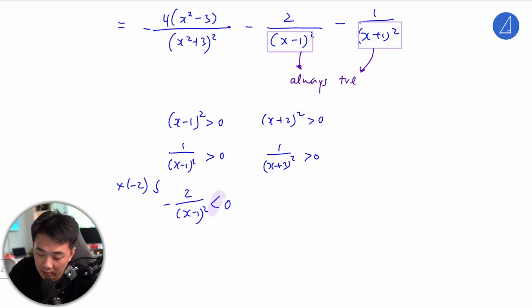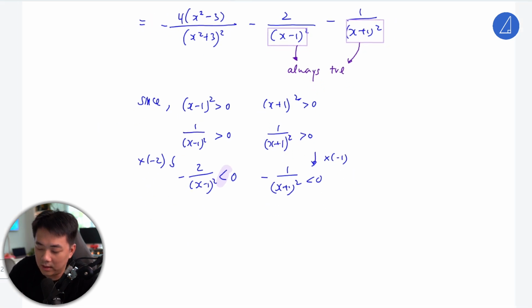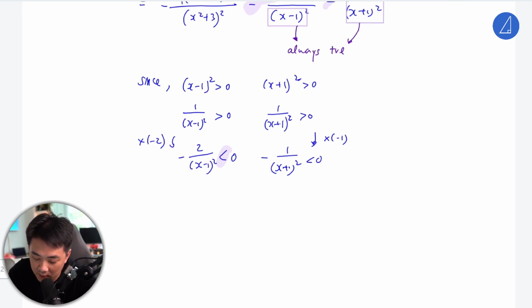This is important. Then you multiply this with negative 1, so this is negative 1 over (x plus 1) squared, less than 0. So you see this carefully: this is always positive, so if you multiply by a negative value, negative 2 and negative 1, you'll get something negative. So it's sure it's always negative. You take this and add it up with this, and it will be negative.